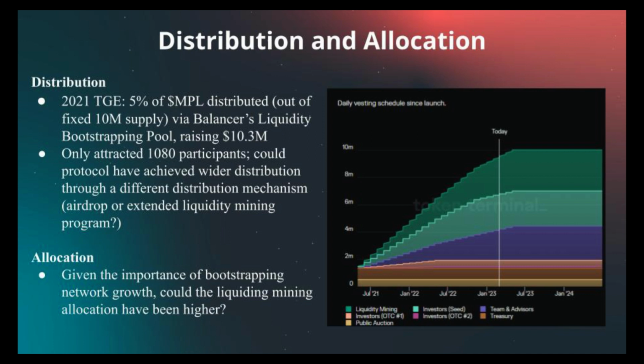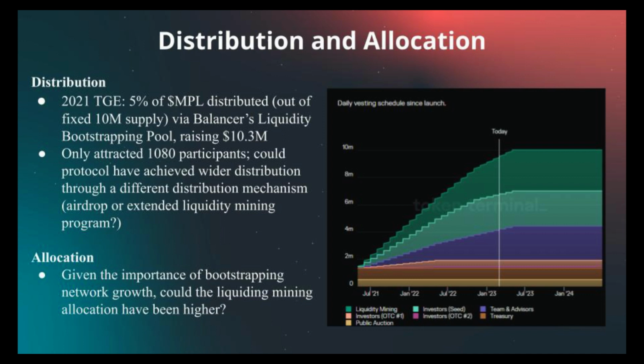So with that total amount of money raised, that basically assumes a fully diluted valuation of around 200 million. In my opinion, I look at Maple, I compare it to the other competitors.